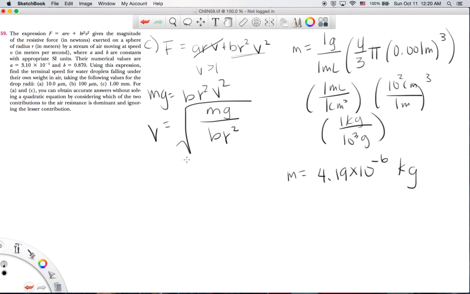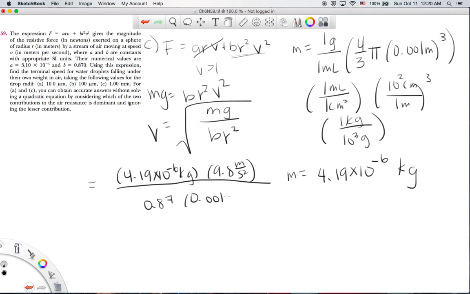And if we plug in the values, we'll get 4.19 times 10 to the negative 6 kilograms times 9.8 meters per second squared divided by 0.87 times 0.001 meters squared, and take the square root of all of that, and the velocity will be 6.87 meters per second.